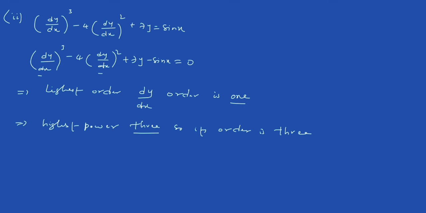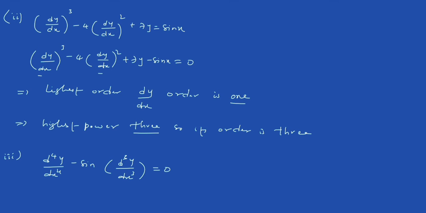So similarly, the third one, in this equation: d4y upon dx to the power of 4 minus sin of (d cube y upon dx cube) is equal to 0.